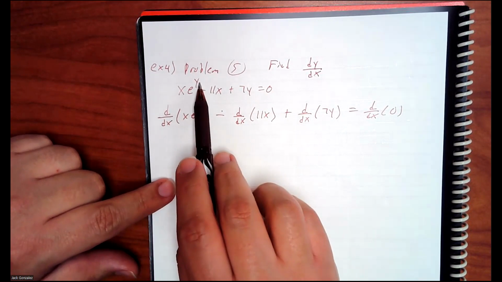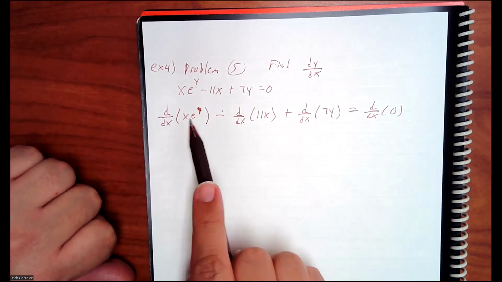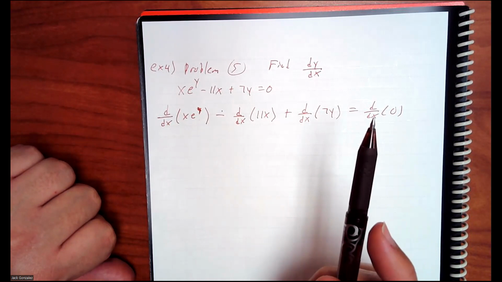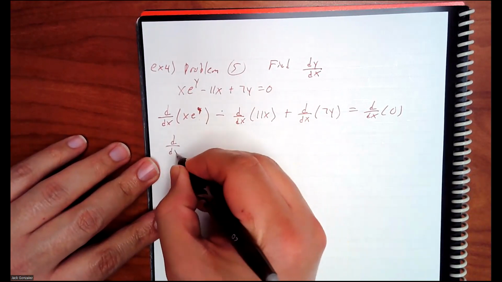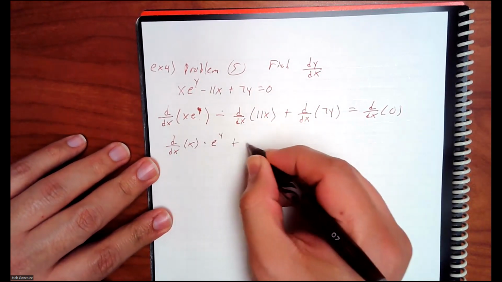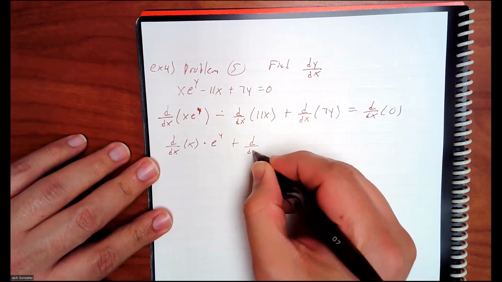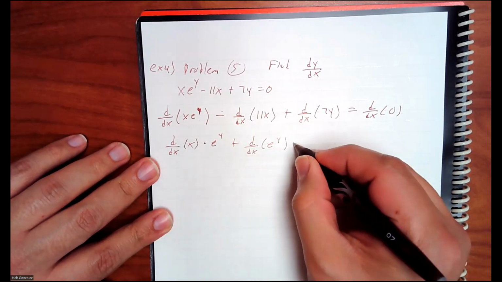So this has a y on it. So this is going to be a product rule, but during the product we have an implicit. The derivative of the first times the second plus the derivative of the second times the first.